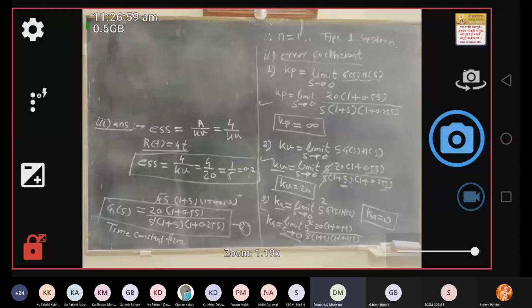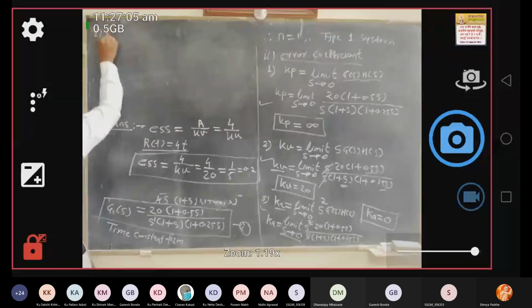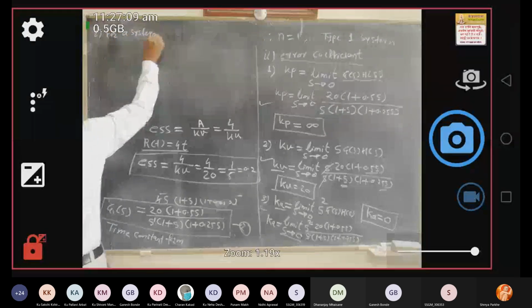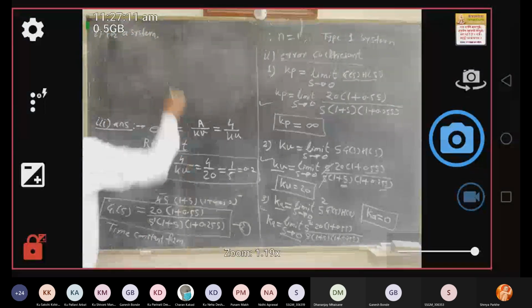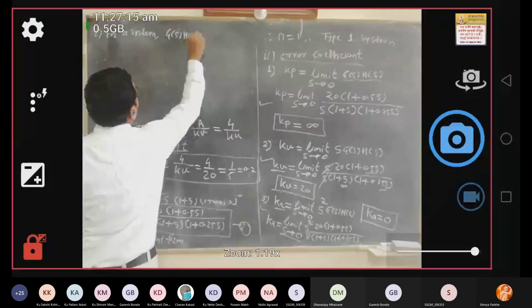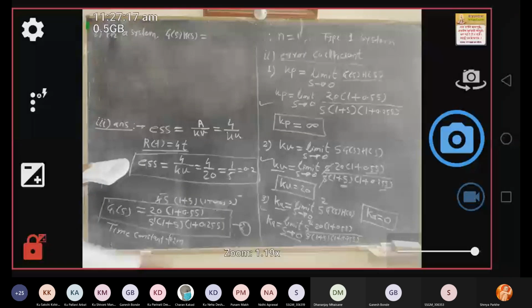Okay, write down. For a system G of S into H of S will be given by K upon S square into S plus 2 into S plus 3.